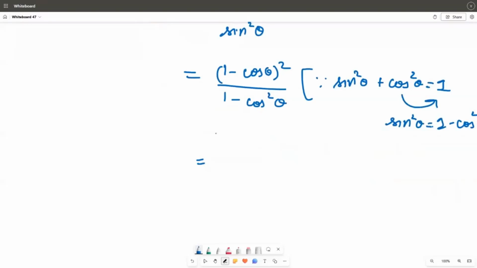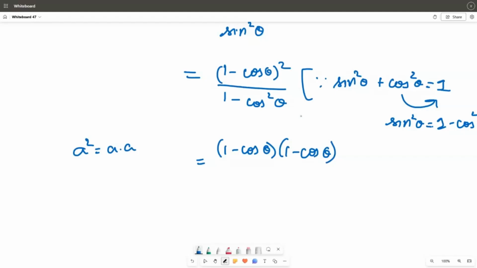And next, I'm going to expand the numerator. Or since it is a square, I can simply write it as 1 minus cos theta into 1 minus cos theta. We can write a square as a into a. Similarly, 1 minus cos theta whole square is equal to 1 minus cos theta into 1 minus cos theta.